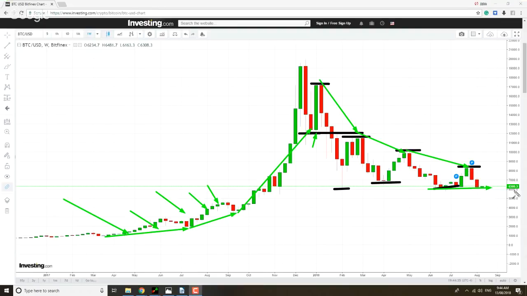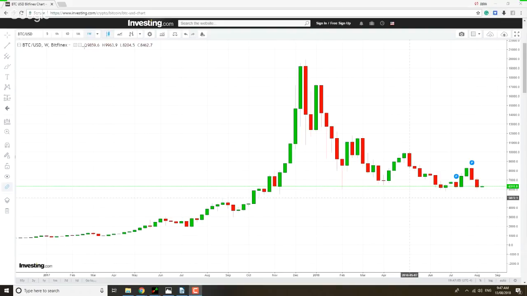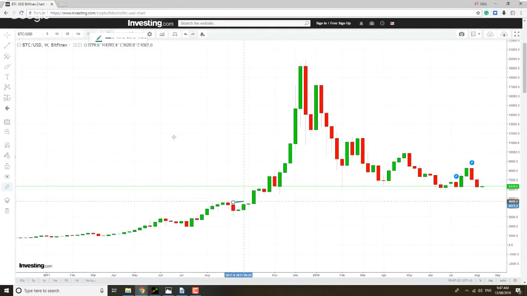And if Bitcoin breaks this 6,000 mark, guess where it's likely to run to? The next support level. Where is that? The next level is around here somewhere.